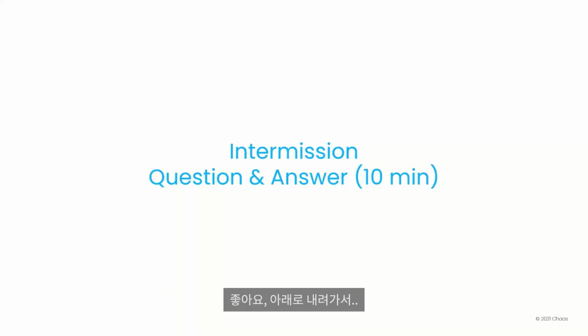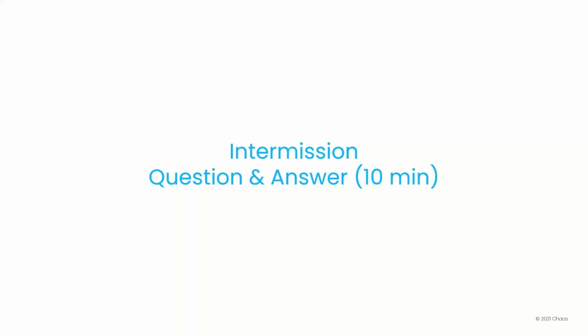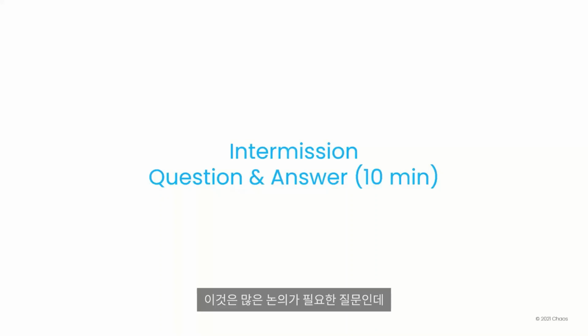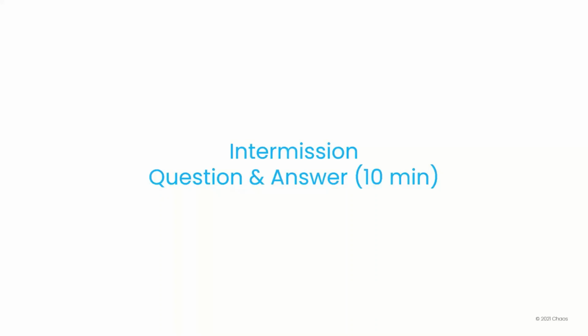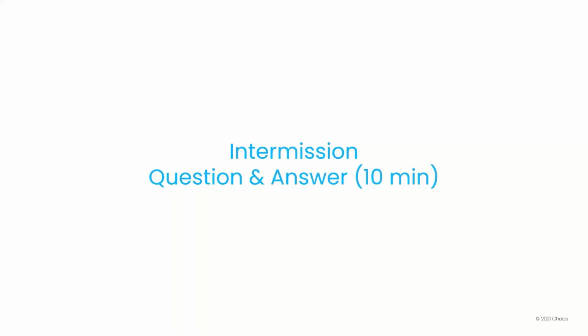Okay, moving down. The main question we have in our studio is, does the compatibility to older 3.7 scenes will get better? Well, this is a kind of question that could be discussed a lot, but basically we are improving the scene converter with every single feature that we add.